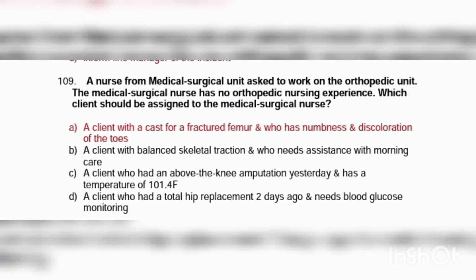Option B, a client with balanced skeletal traction and who needs assistance with morning care. Option C, a client who had an above-the-knee amputation yesterday and has a temperature of 101.4 degrees Fahrenheit. Option D, a client who had a total hip replacement 2 days ago and needs blood glucose monitoring. Option A is the correct answer.